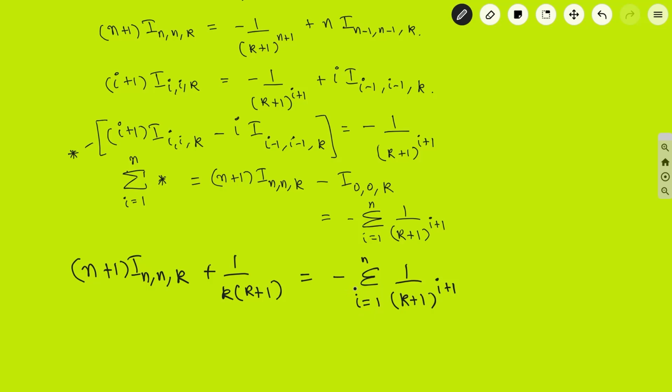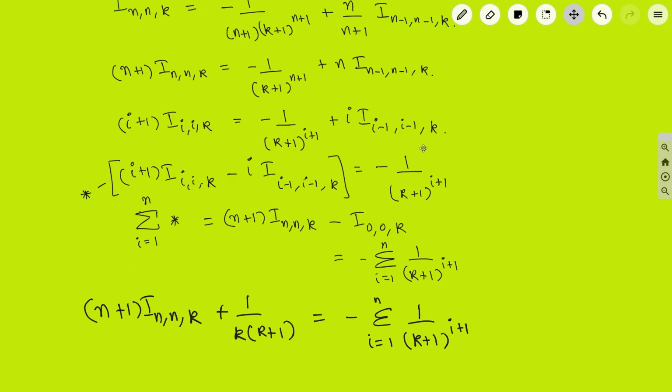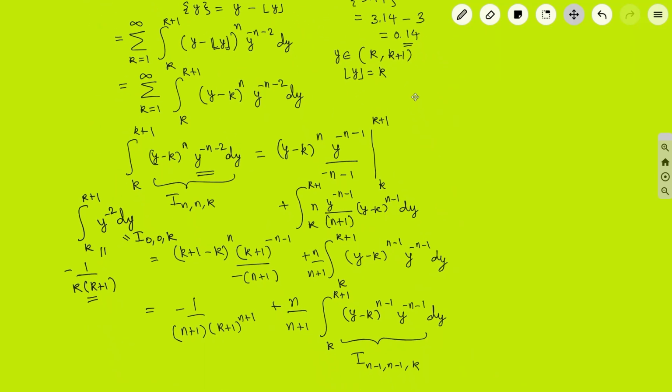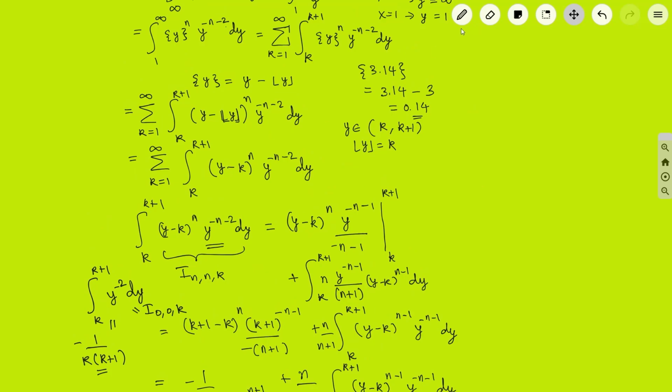Now, how will this help us, right? So let's look at this. Where did we start this whole thing? We started here, where we had a summation, and then there's an integral, which is basically what we have evaluated.